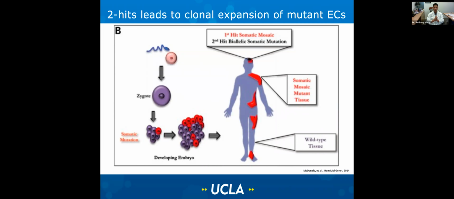And then in addition, the endothelial cells that are affected by these mutations grow together in a bunch, in a clonal fashion. And when you have clonal expansion of these mutant endothelial cells, they cause cavernous malformations.